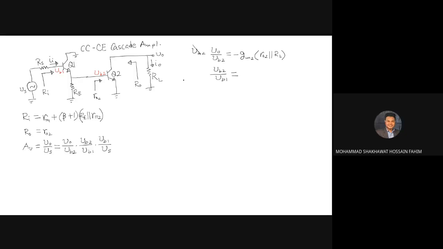Sir, R pi 2 parallel Re divided by R pi 2 parallel Re plus Re1.